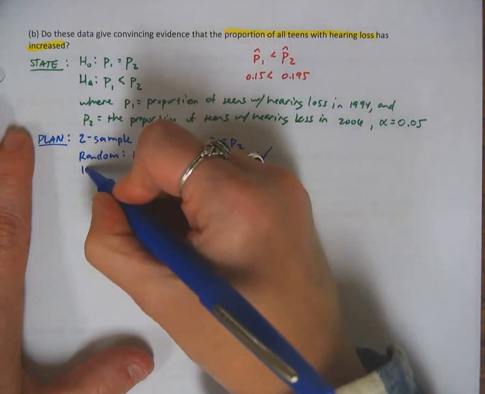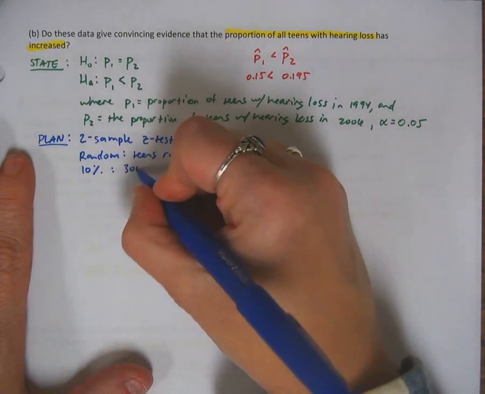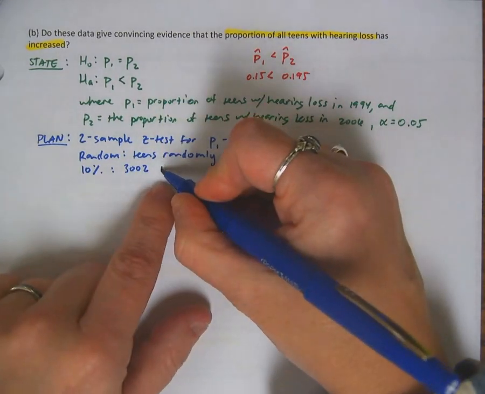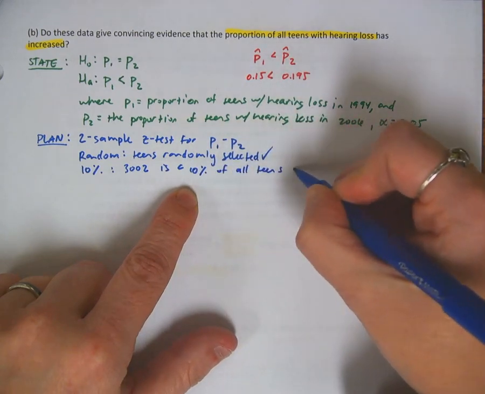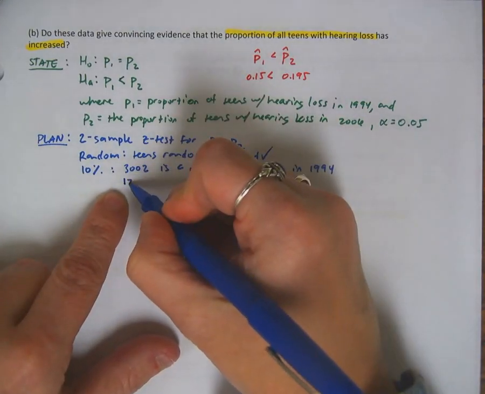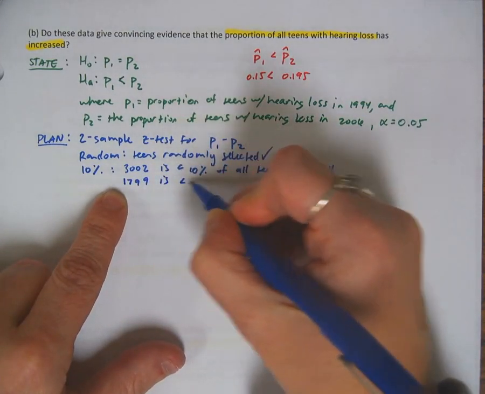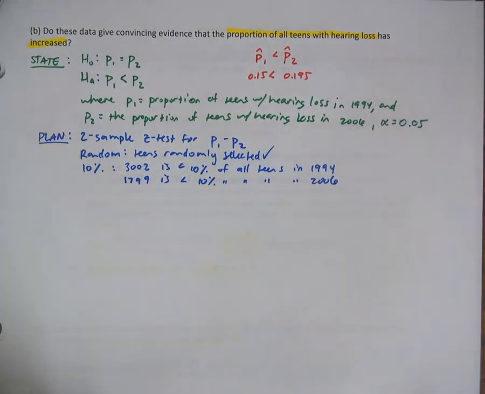This isn't an experiment. Remember, that's why we couldn't find causation. So check in both populations that your sample size is less than 10% of the population. 3,002 is less than 10% of all teens in 1994, and 1,799 is less than 10% of all teens in 2006.